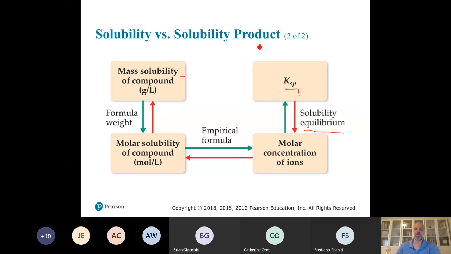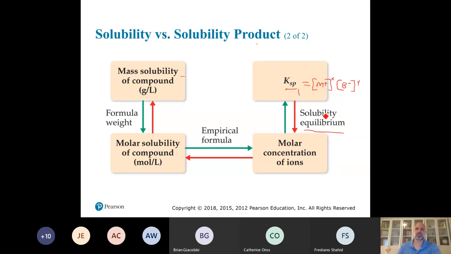Our Ksp is going to equal our ions: some metal with some charge to some power x, times our non-metal, I'll call it B minus, to some power y.